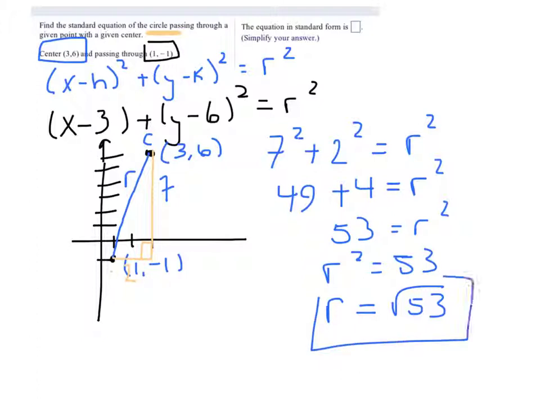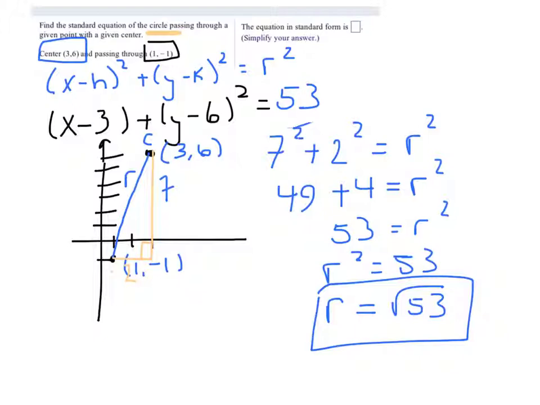So that's my radius. Now back in my standard form, what I would do is replace this r squared value with 53. So again, r squared is equal to 53.